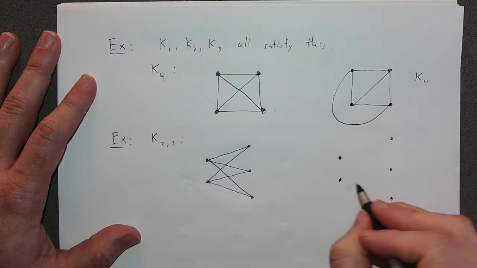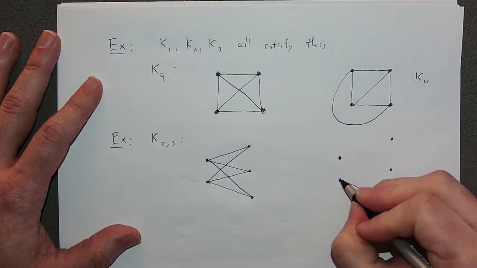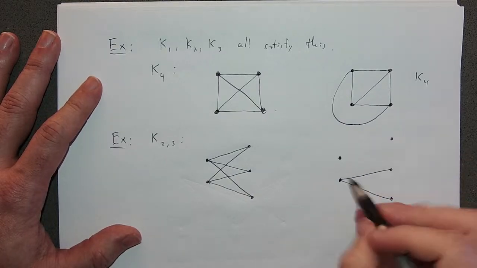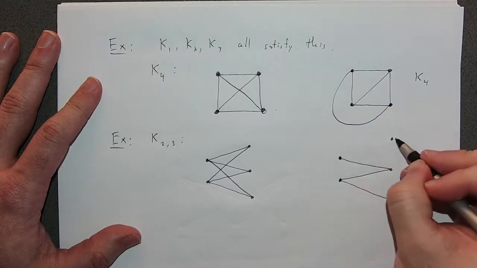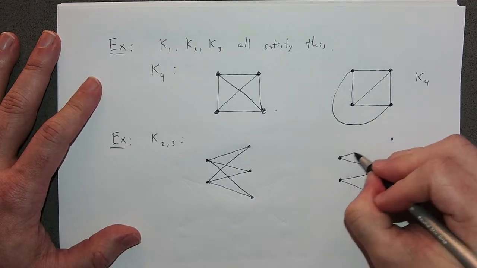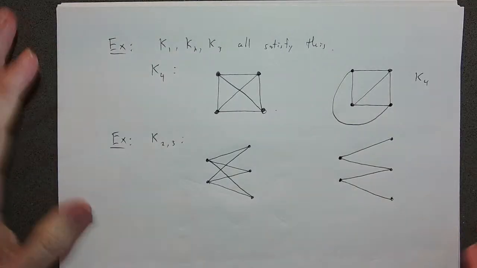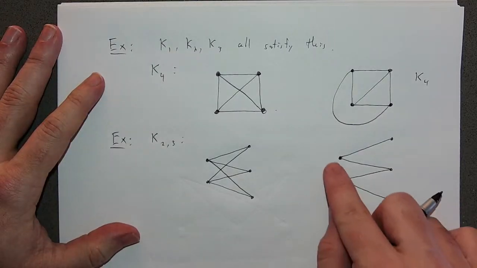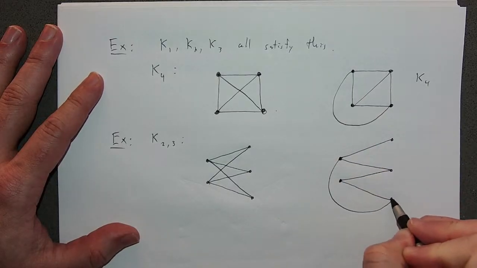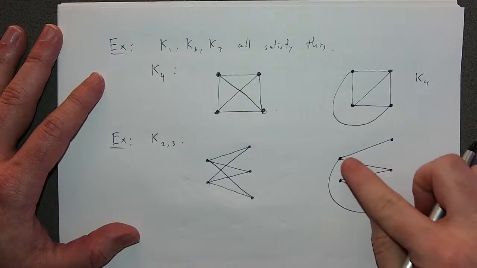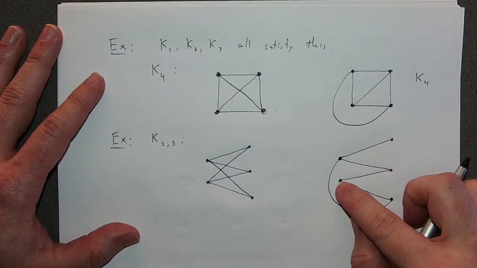Well, don't have any problem here. If I draw this in and this here, I can't cut through here to go to that vertex. Maybe I draw this in. Now, what do I need to connect? So I need to connect this vertex to this vertex. This one is connected to both, and now this one needs to be connected to this vertex.